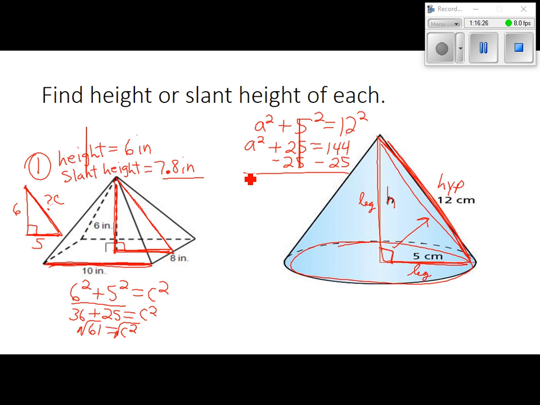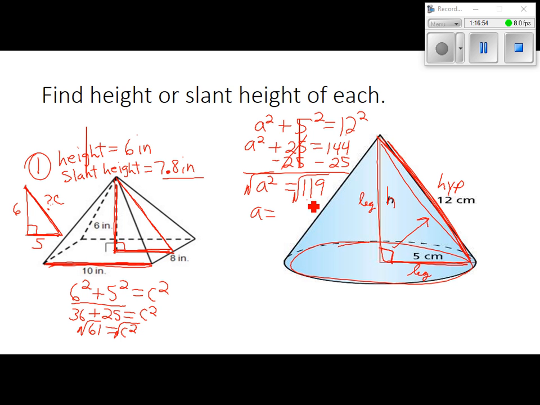You end up with A squared on this side, the 25s cancel out. Grab your calculator, 144 minus 25, that gives us 119. And then we take the square root of both sides. That's going to leave us with A, and whatever the square root of 119 is.